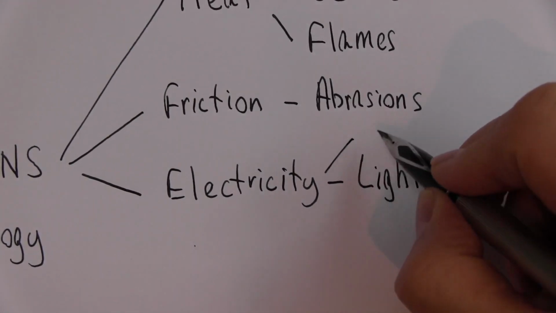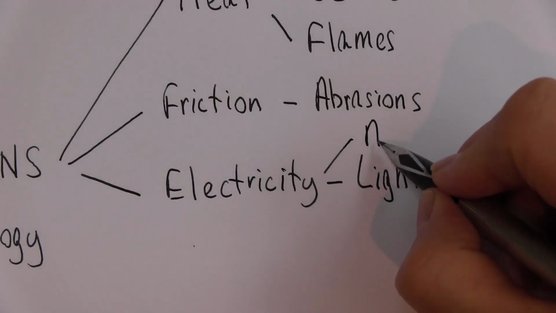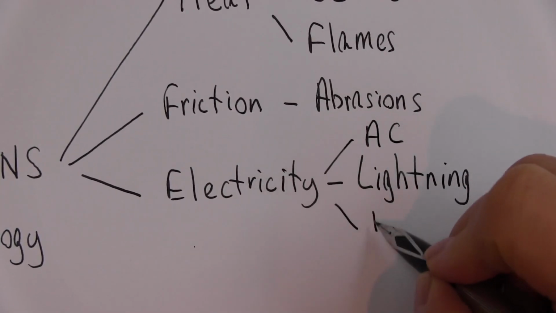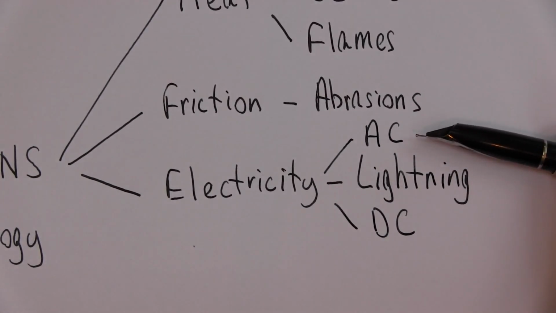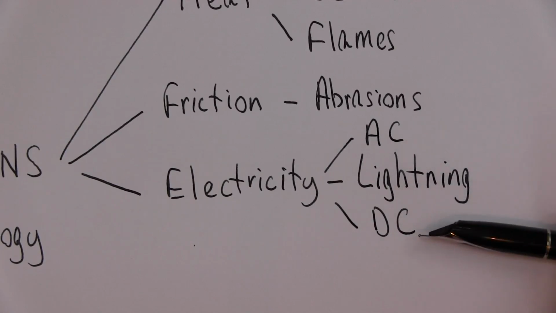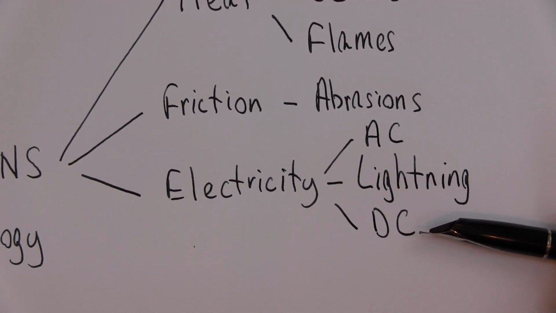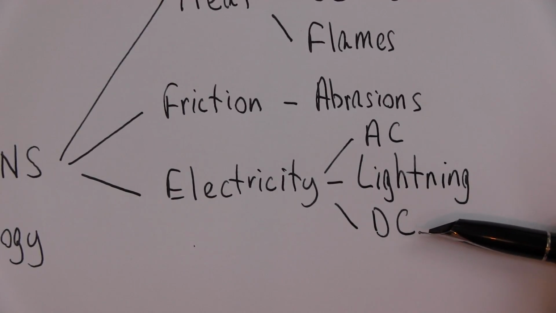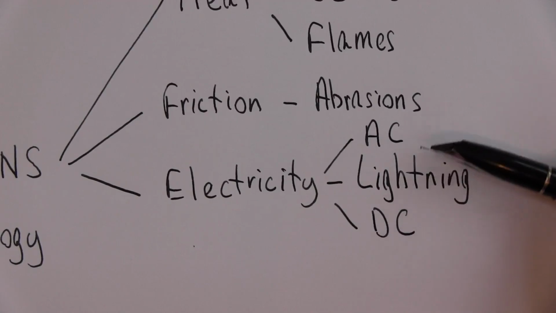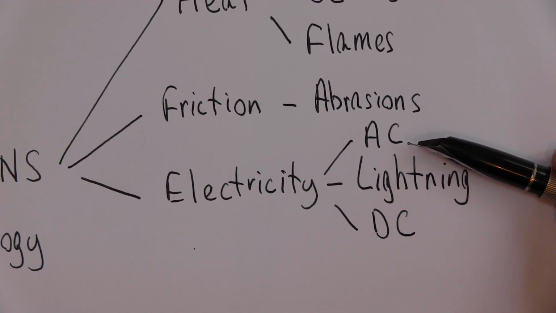But more commonly, we come across electrical burns from alternating current and from direct current, the two forms of electricity. So alternating current from the normal domestic voltage in houses, factories. Direct current increasingly common now because it comes from solar panels, and solar panels can generate very high voltages, and a much lower voltage of direct current is needed to cause death compared to the voltage of alternating current.